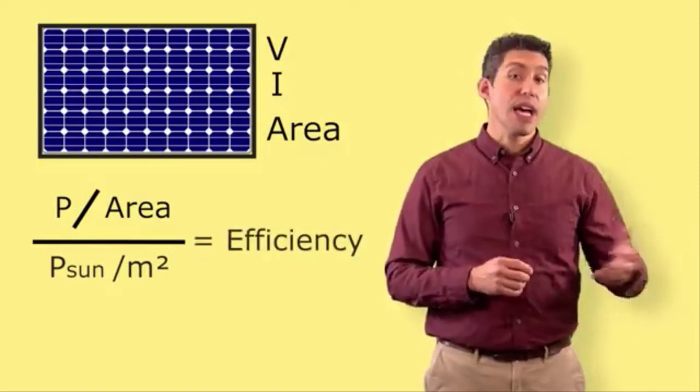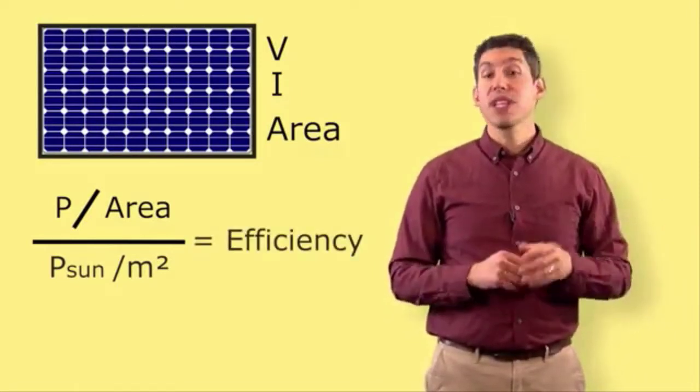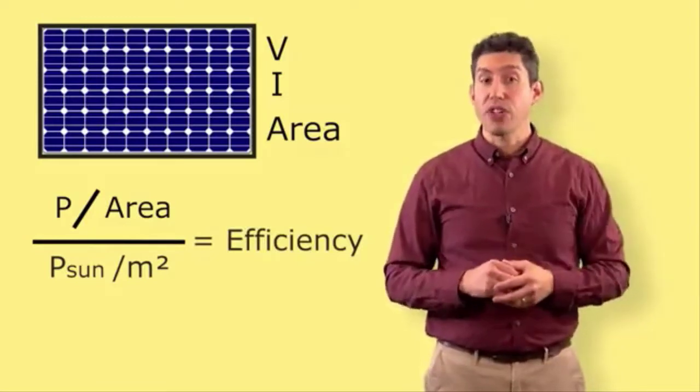We could do that outside in real time, or we could use the listed efficiency on a manufacturer's specification sheet. So how do we know a module's efficiency without having to go out in the field and measure each one independently? Well, manufacturers provide specification sheets for every commercial solar panel they produce, and they'll typically include 5 common terms.